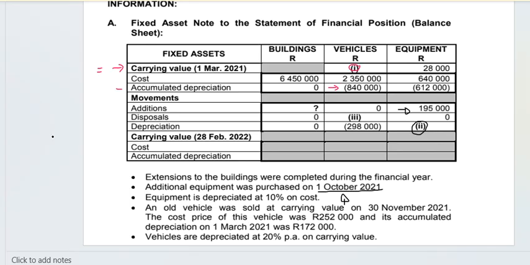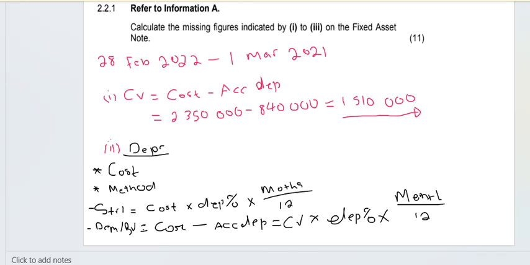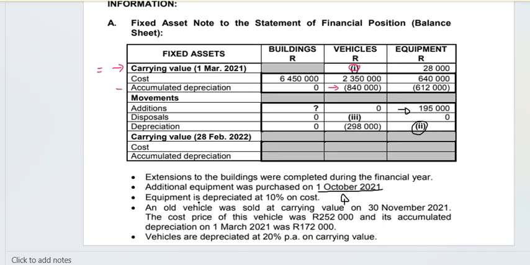So now, simple and straightforward, our new equipment cost is 195,000, and the method is 10% on cost.